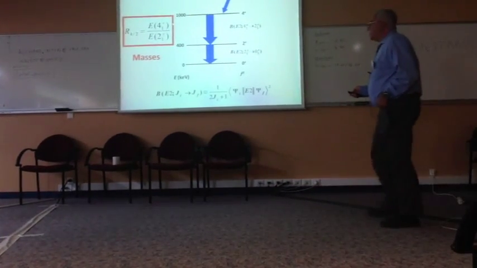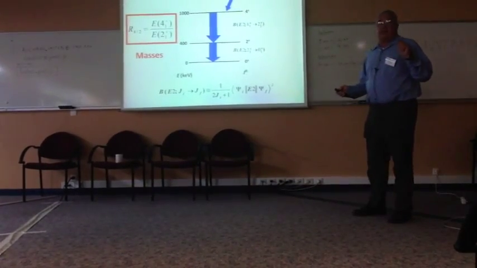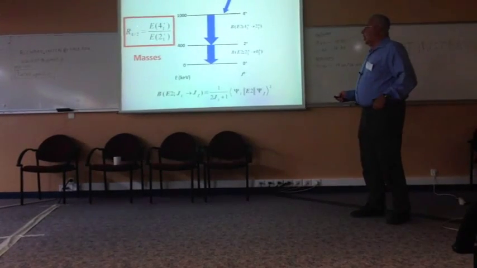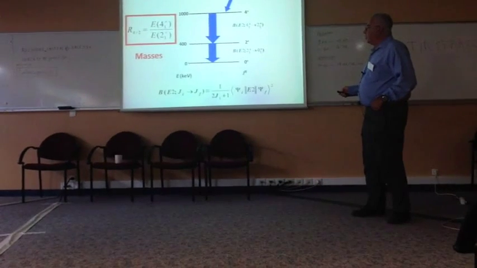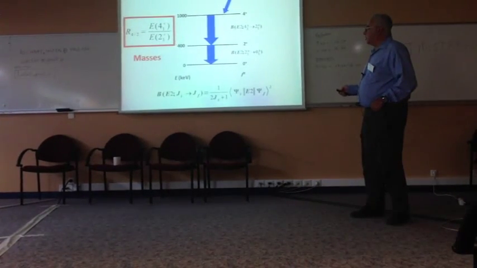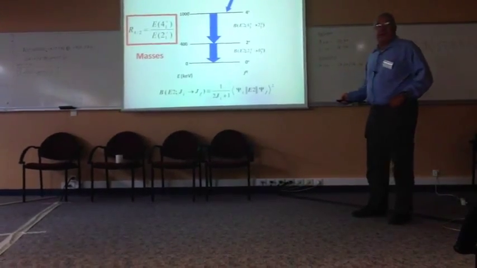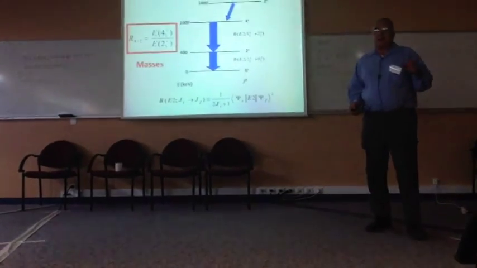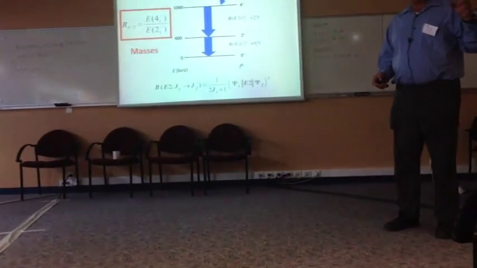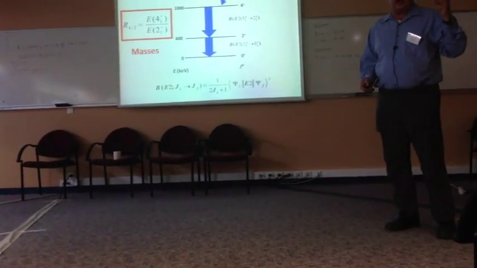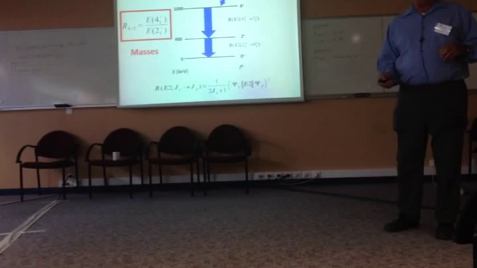One important measure of structure, which does not tell you everything, but it's a good first guide, is this quantity R42, which is the ratio of the 4+ energy over the 2+ energy. So in this case, it's 2.5. I stress that whenever I look at an even nucleus and ask myself what's going on, that's the first quantity I look at.